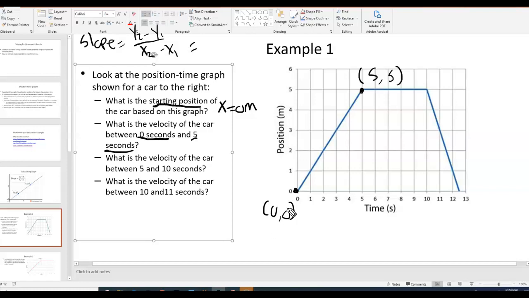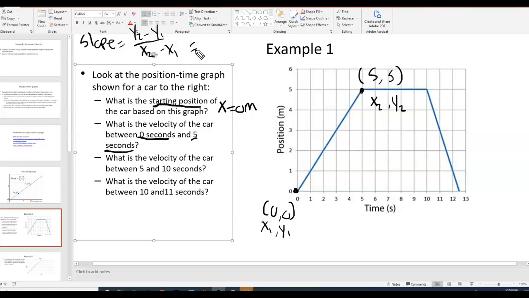I'm going to say this is my point number 1. So this is my x1, this is my y1, this is my x2, this is my y2. It really makes no difference which point is number 1 and which is number 2 as long as you're consistent. The 2's have to go together and the 1's have to go together.